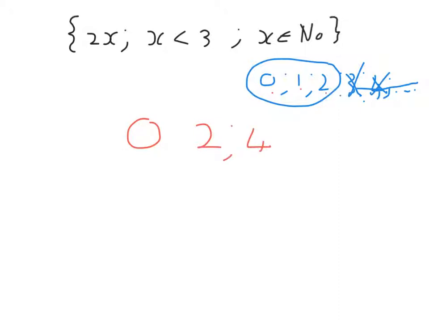So the answer that you have to write for this explanation is these 3 numbers. So again, you start at the back, you take your whole numbers, you take only those that are smaller than 3, and you do this to them. Enjoy notation.